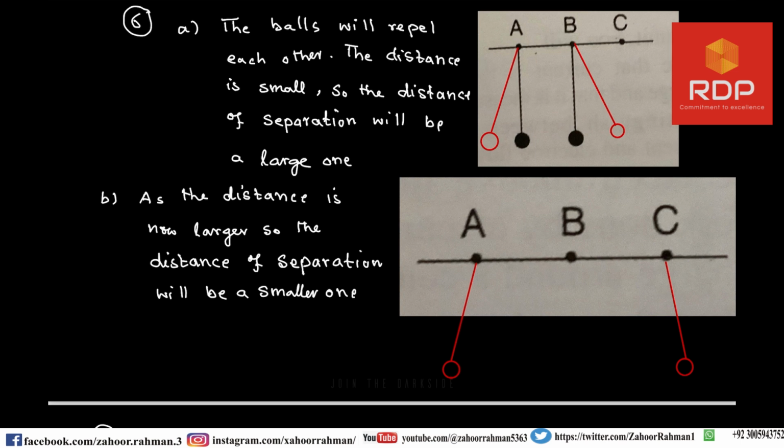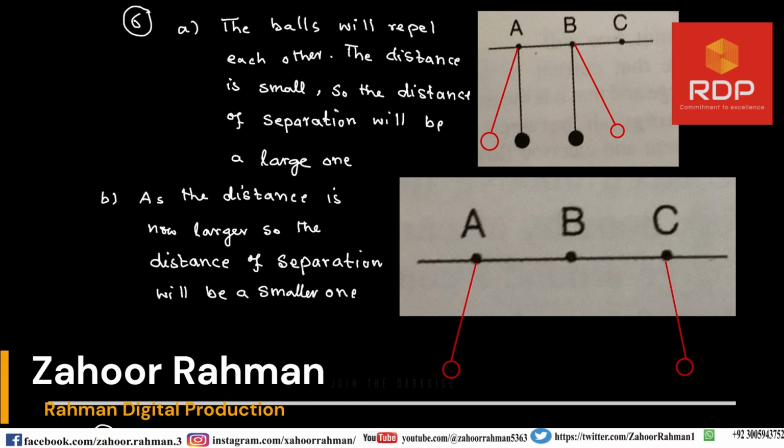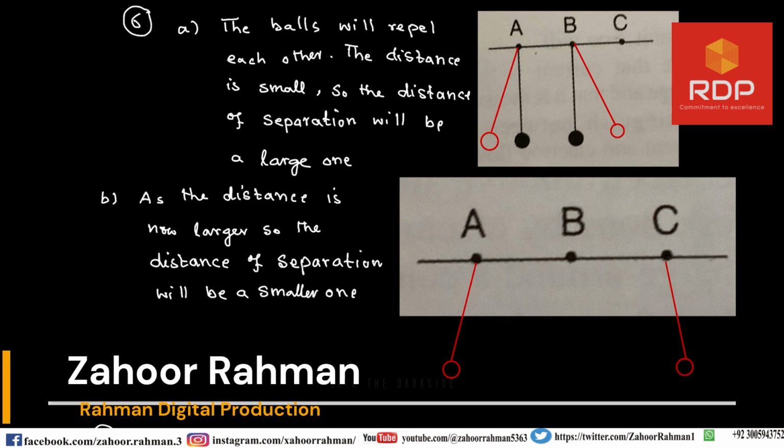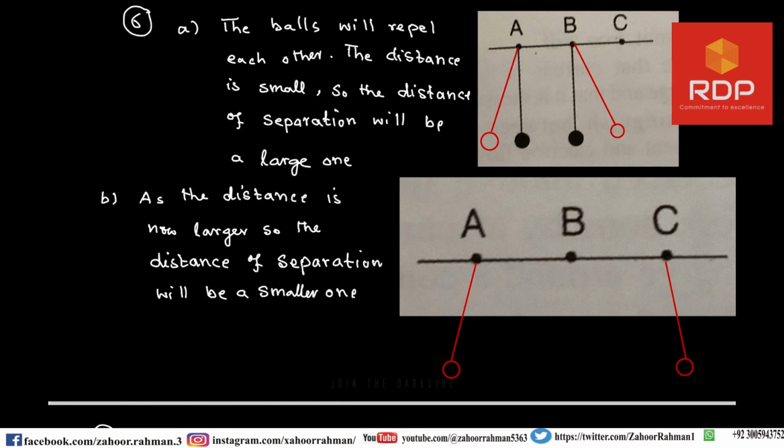The first part is asking: both balls are given a positive charge. Remember, both have the same charges. Complete the figure below to show the new position of the balls and their suspending threads.